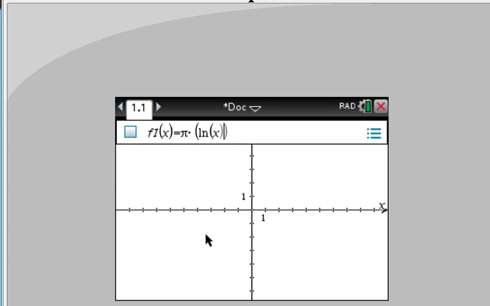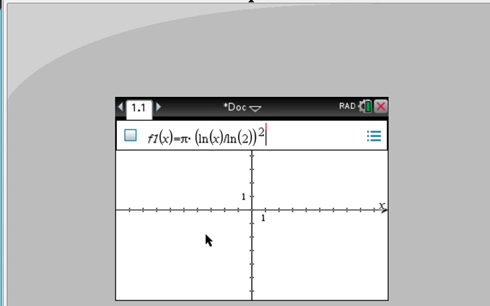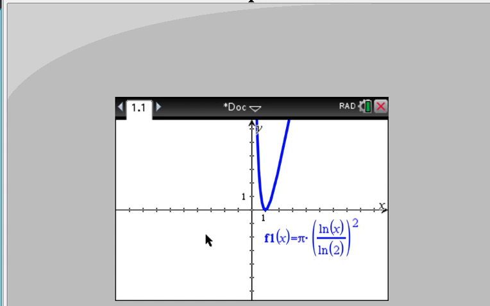The calculator doesn't know what we're doing. Then divided by natural log of 2. You have to hit control e to the x to get the natural log on there. And on the outside of that, we raise that to the second power, squared. Hit enter. There's our graph.